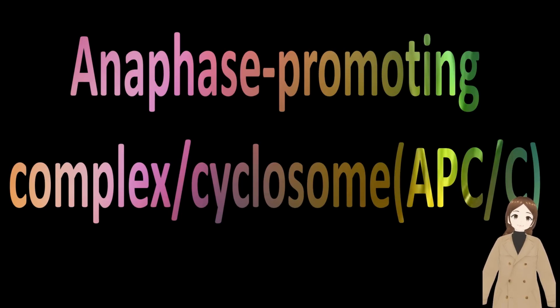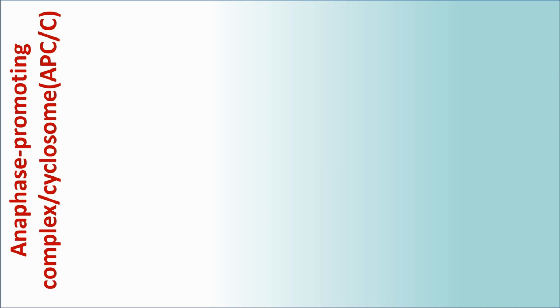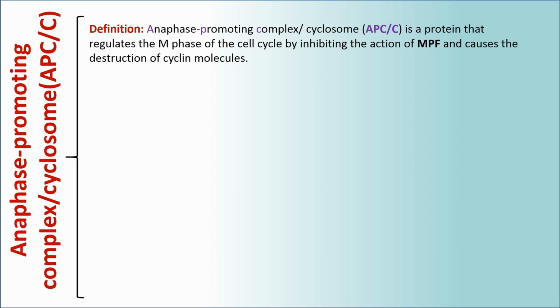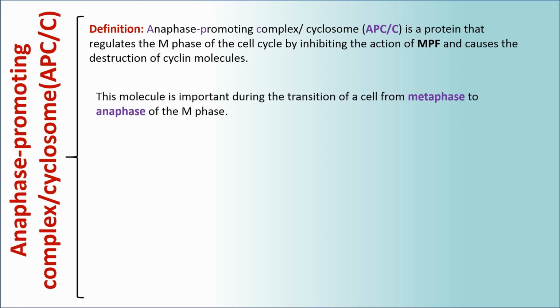Anaphase-promoting complex cyclosome or APCC. APCC is a protein that regulates the M phase of the cell cycle by inhibiting the action of MPF and causes the destruction of cyclin molecules.